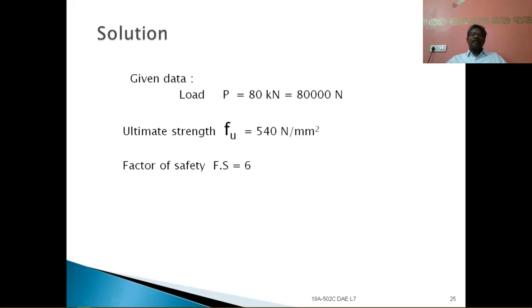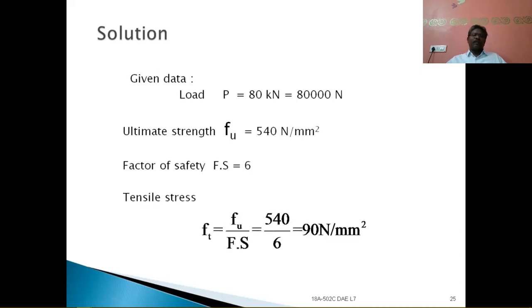After getting the permissible tensile stress, as we have discussed in the topic design of an eye bolt, P is equal to tensile load, or load to be lifted, is equal to pi by 4 dc square into sigma T. So that you have to apply yourself. So let us see tensile stress.